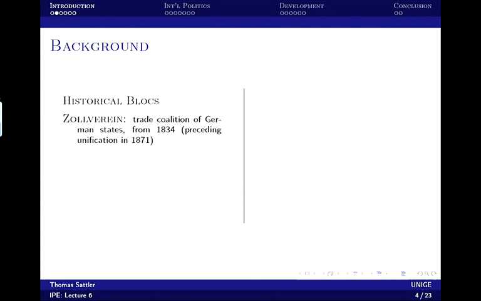So let me give you a quick historical introduction. In the history of the international economic system, we saw many such regional or preferential trading agreements, and one is, for instance, the Zollverein in Germany. So remember that Germany was very split up into different states in the 19th century.